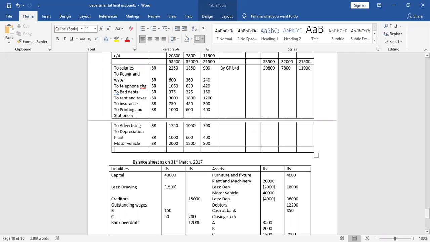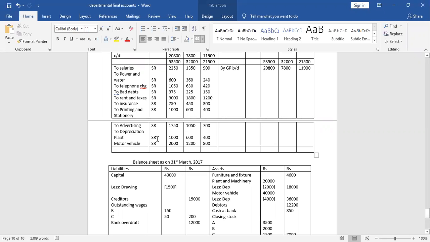Take the total and see in which department which side is more, debit or credit. 1050, 375 plus 3000 plus 750 plus 1000 plus 1750 plus 1000 plus 2000. It is coming 13775 for Department A.